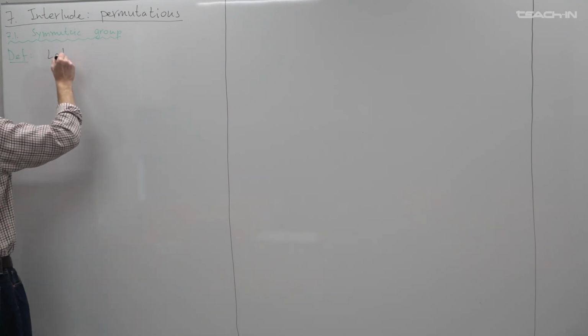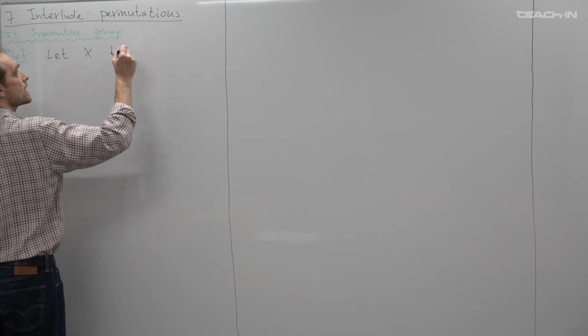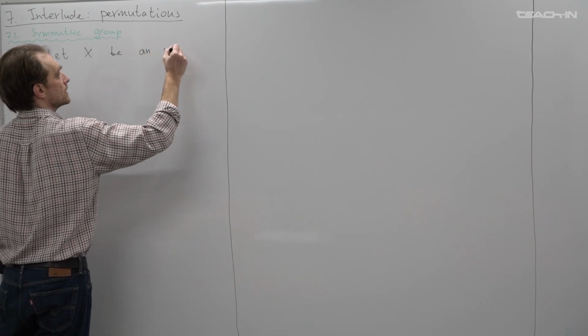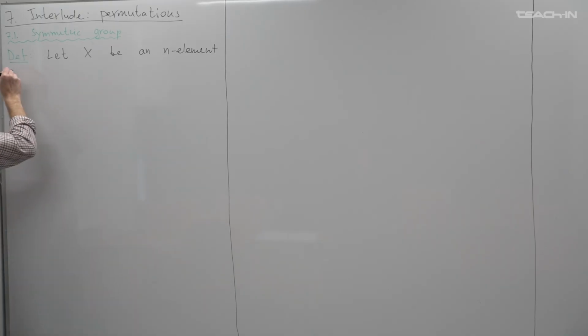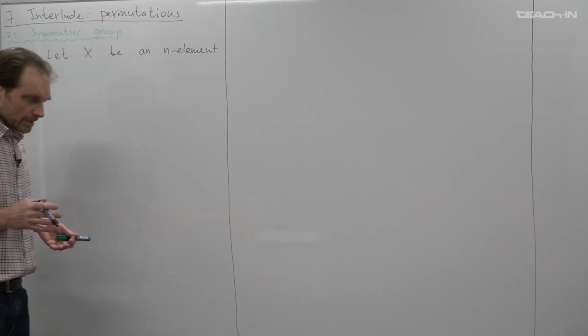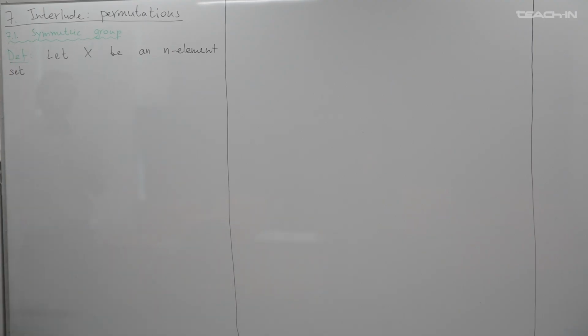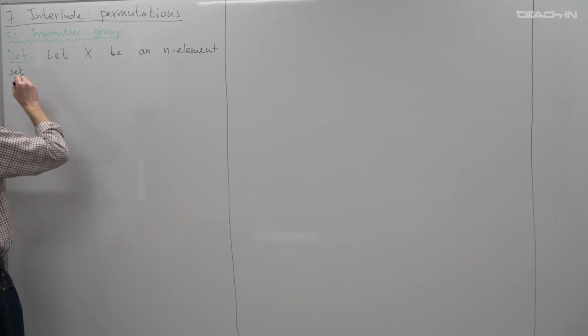So let X be an n-element set. Since the nature of this set is not essential for us, we will denote its elements just by 1, 2, etc. n.